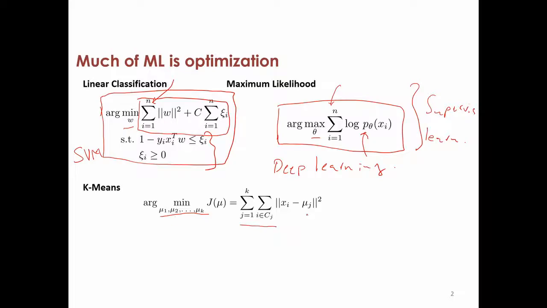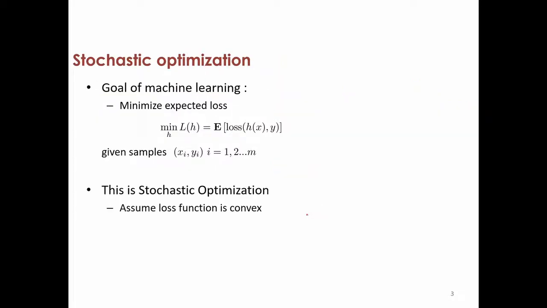This is a recurring theme in machine learning. So what is the recurring theme? The recurring theme is that you have a certain function, which without loss of generality we can call the loss function, of data points.